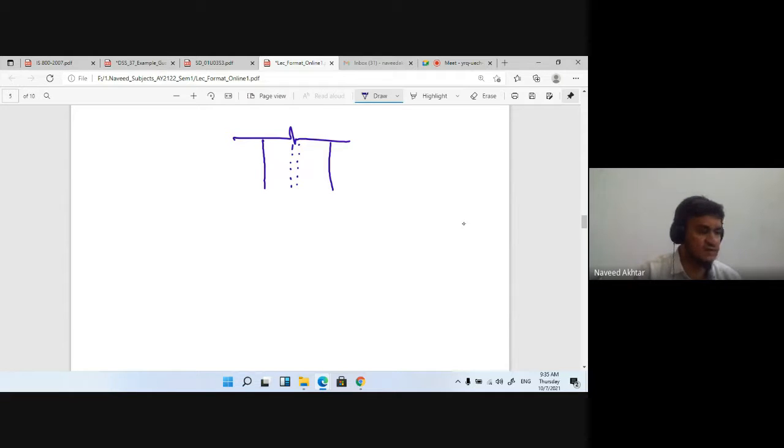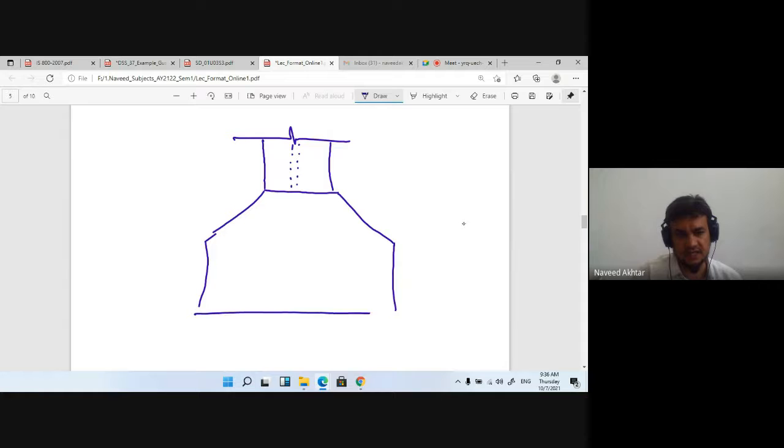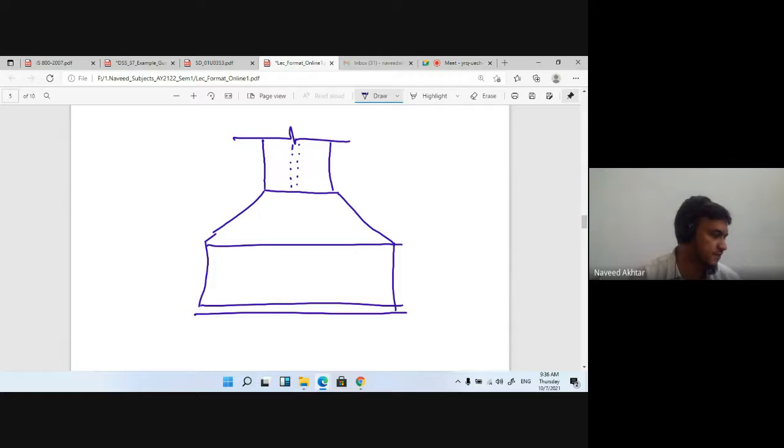In the drawing, the plate we are providing is attached with the column, then the angle you are providing, this is the angle, and this is the dotted line of the edge of your column.